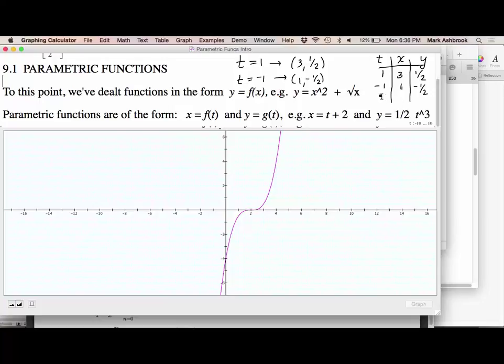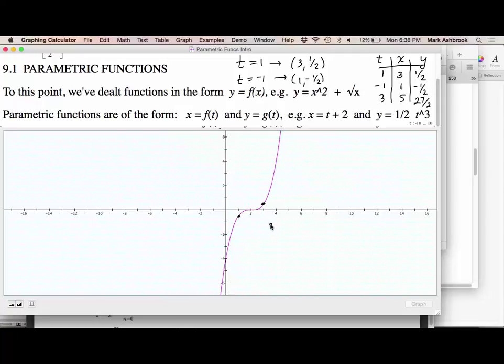One more, when t equals 3, x equals 5, y equals 27/2. Okay, so let's look at this graph, so we should see the point (3, 1/2). There it is. When t equals -1, we get (1, -1/2).